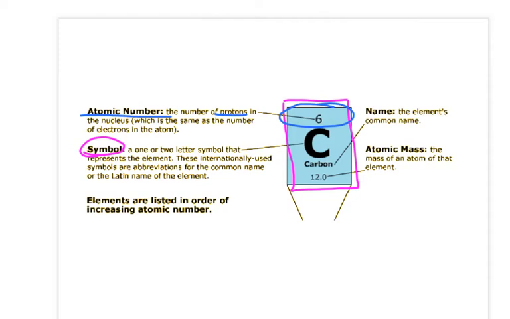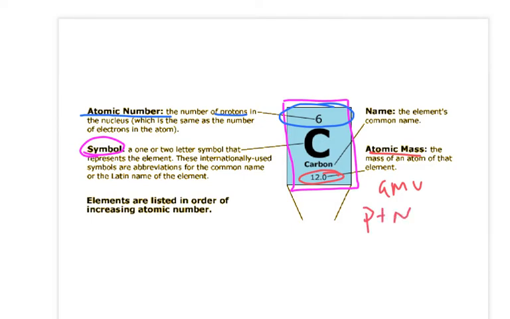The other one is the atomic mass. Atomic mass is always found towards the bottom of the box. The atomic mass is the actual mass of an element, in the units AMUs, which stands for atomic mass unit, a unit you won't use anywhere else. That number represents the number of protons plus the number of neutrons in an element.